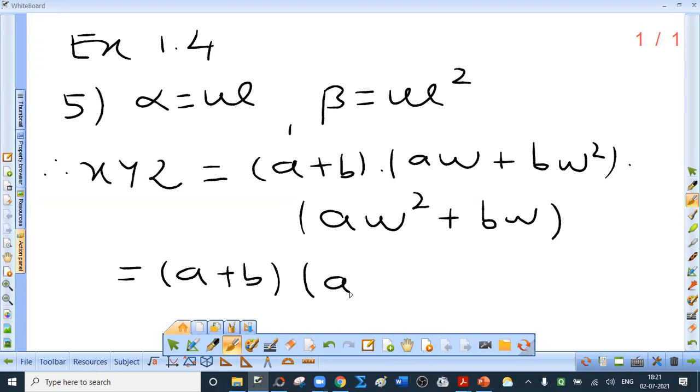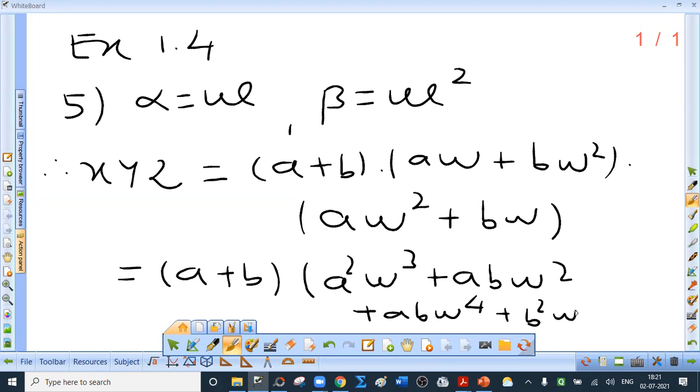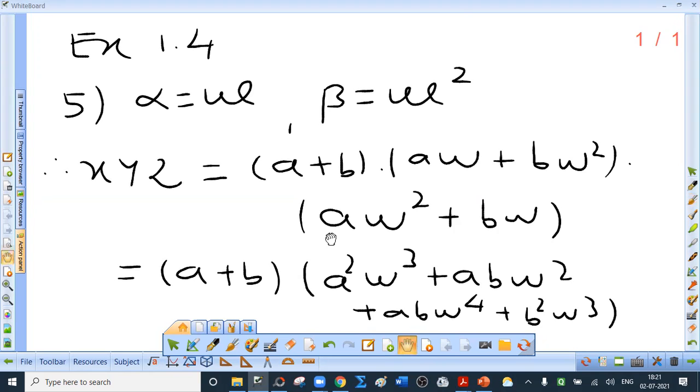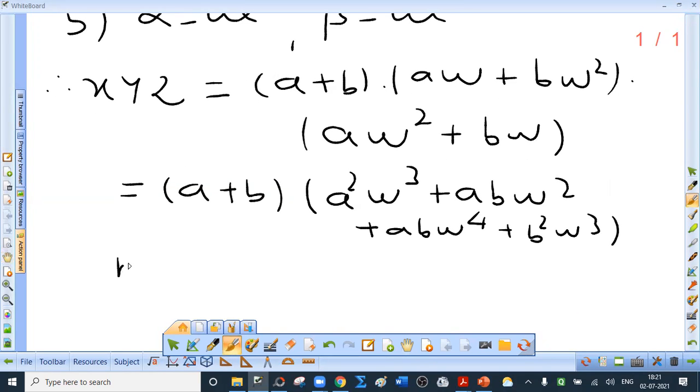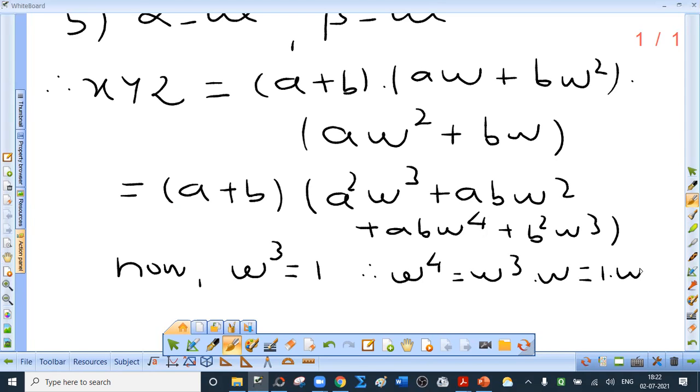So this is a square omega cube plus ab omega square plus ab omega raised to 4 plus b square omega cube. Now write down omega cube is 1. So omega raised to 4 is omega cube into omega, that is 1 into omega equal to omega.